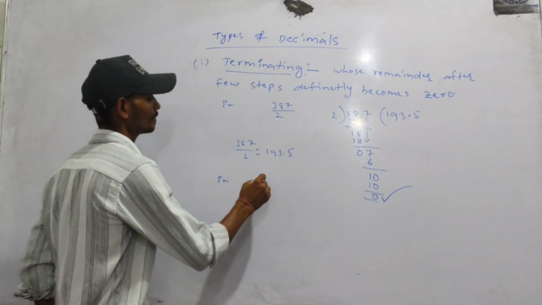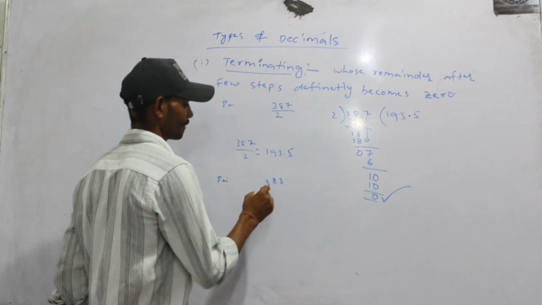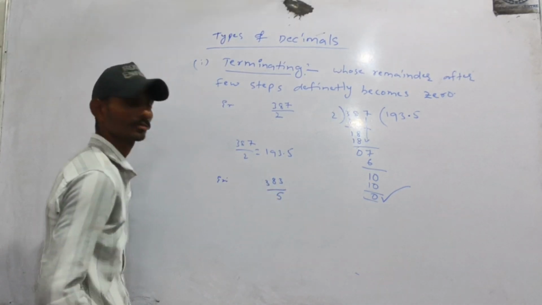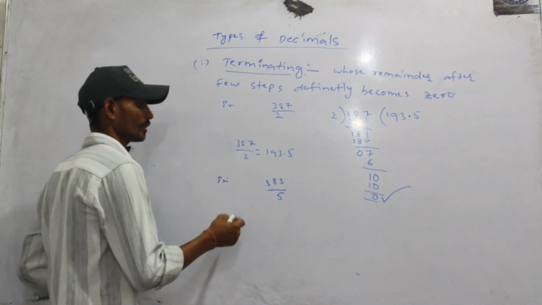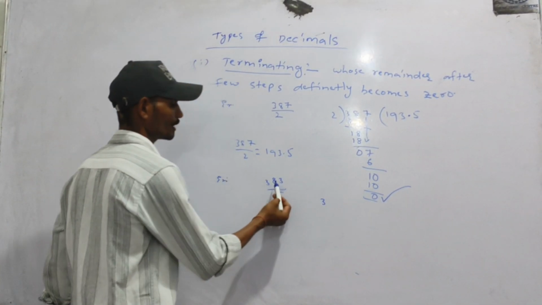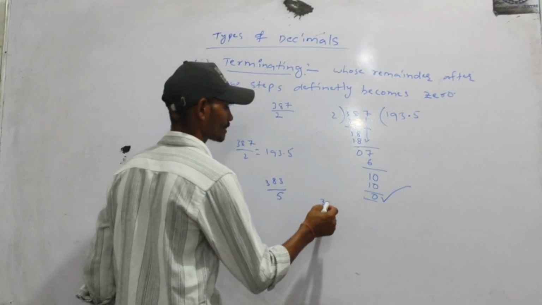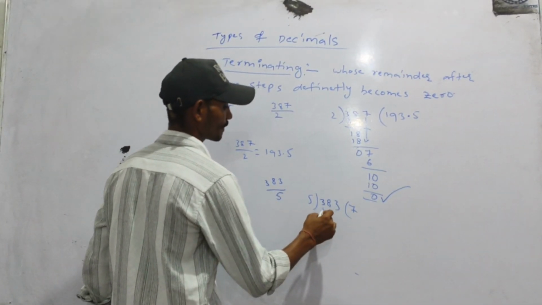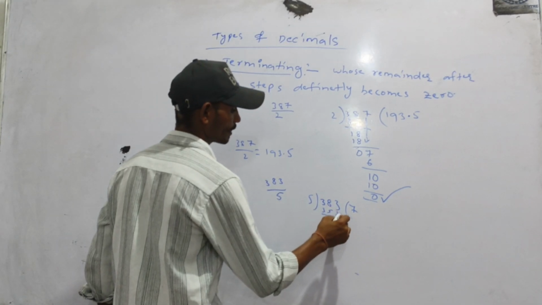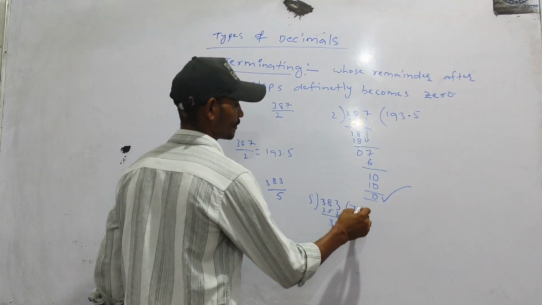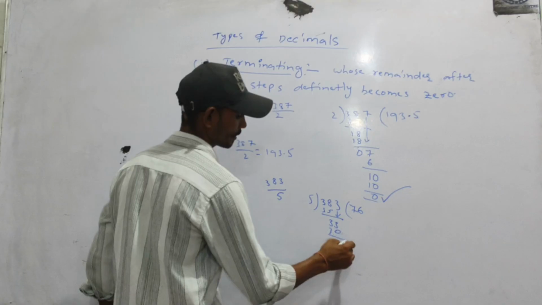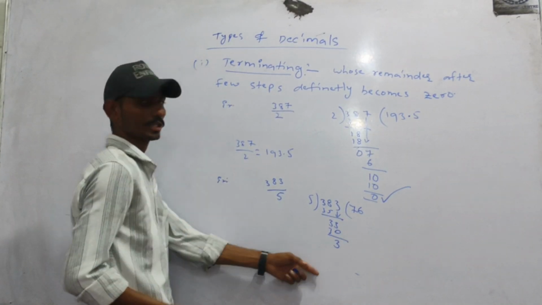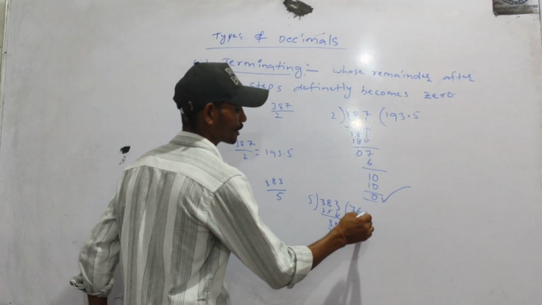One more example, 383 by 5. You always divide the numerator by the denominator. 5 7s are 35, remainder 3, then 5 6s are 30, remainder 3. 3 is not sufficient, that is why I put the point.